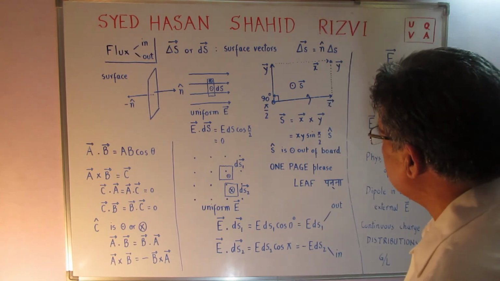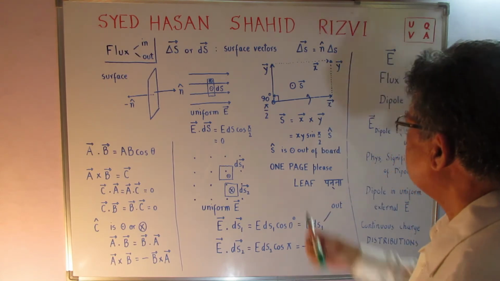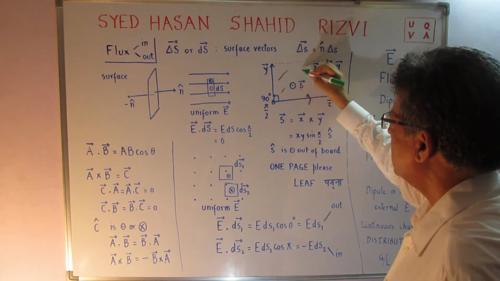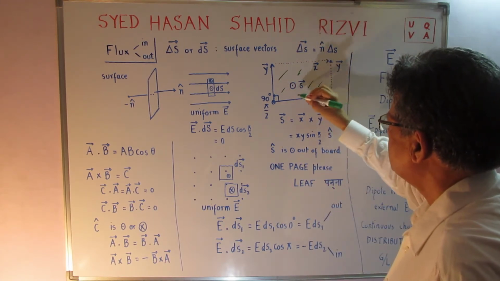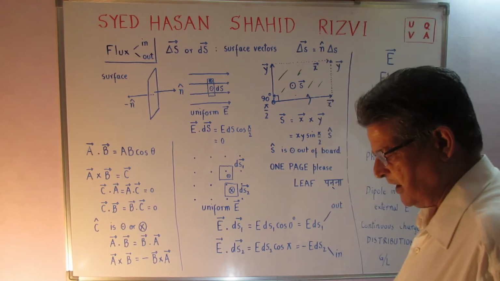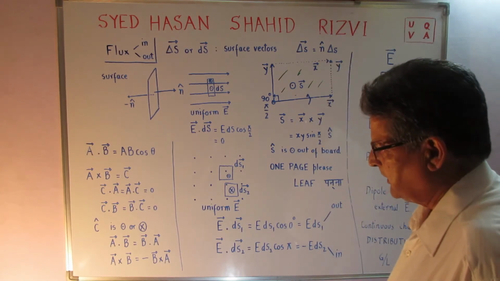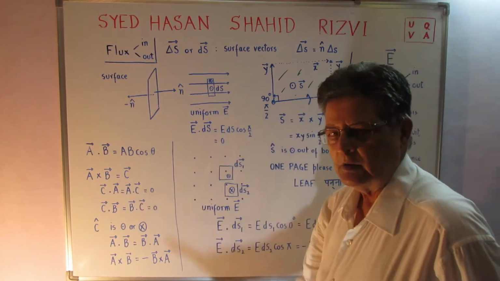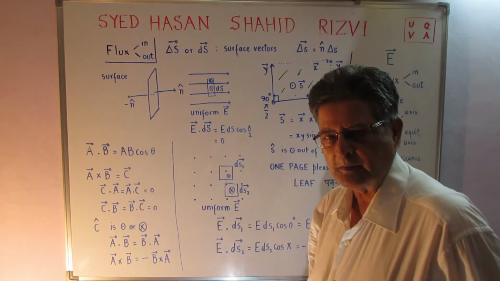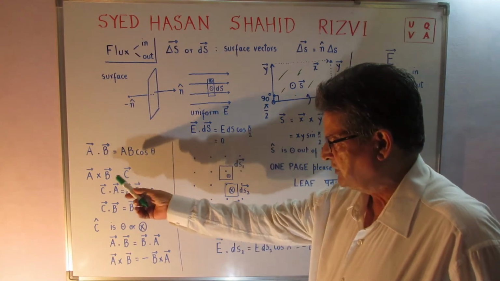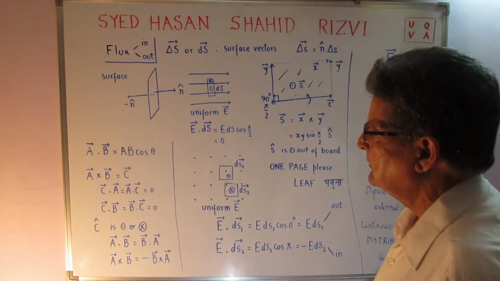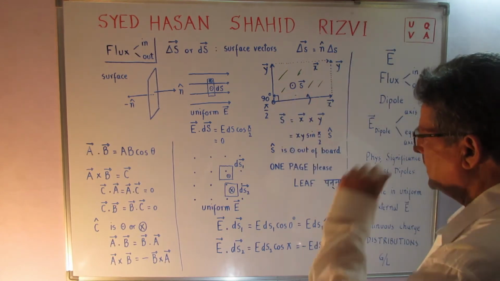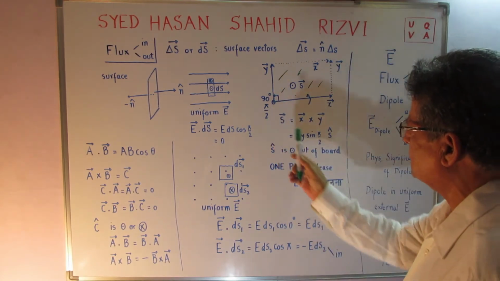Then what is obtained is a parallelogram, which is a rectangle in this case, and its area is proportional to the magnitude of vector c. So the magnitude of the vector c is equal to ab sine theta. Theta in this case is pi by 2 radians, and the sine of this is equal to 1.